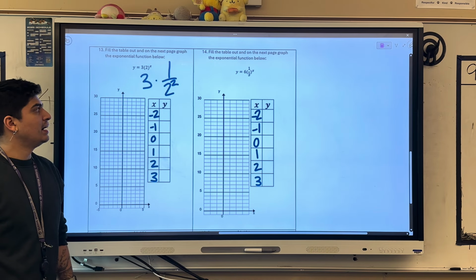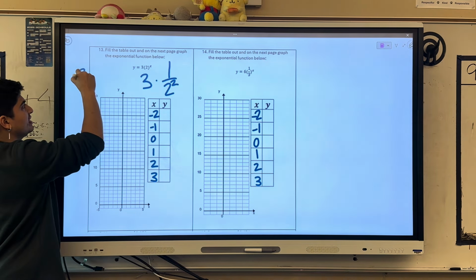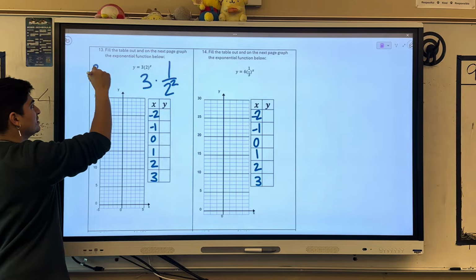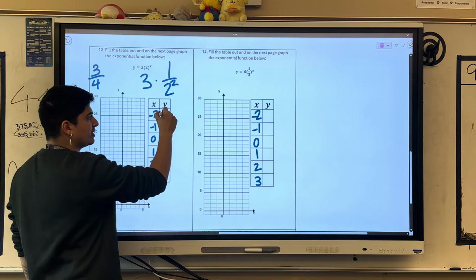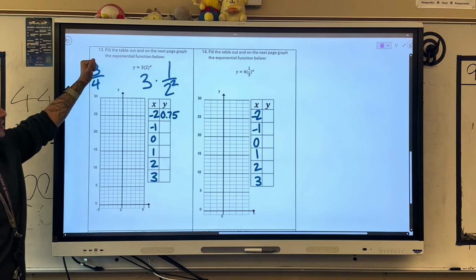So in this case, this would end up becoming 3 times 1 over 4, or 3/4. So that's going to end up being 0.75.